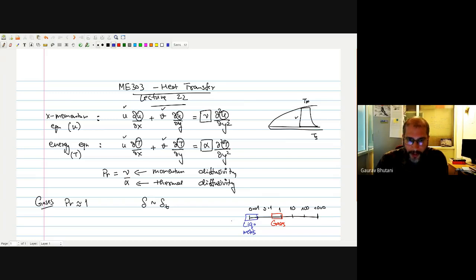So in those cases, since the diffusion of temperature is much more prominent than the diffusion of momentum, my thermal boundary layer is going to be much larger in size as compared to my momentum boundary layer, because the thermal effects will penetrate much deeper because of the high diffusion rate or high diffusivity of these liquid metals.